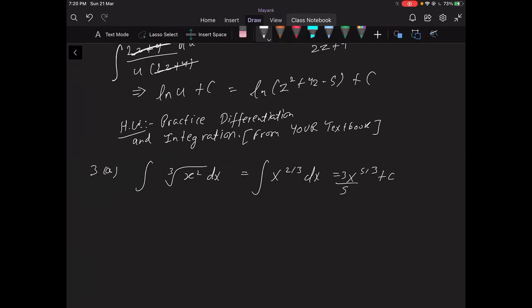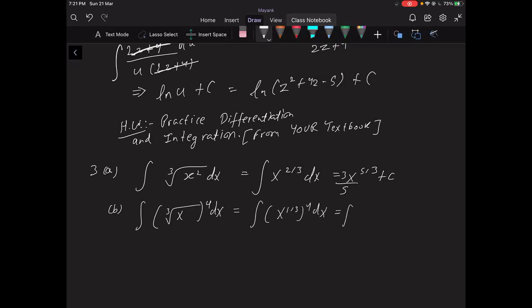Okay, B part, same logic. So cube root and then it is power 4. First you'll write it like this: x to the power 1 by 3 whole power 4.